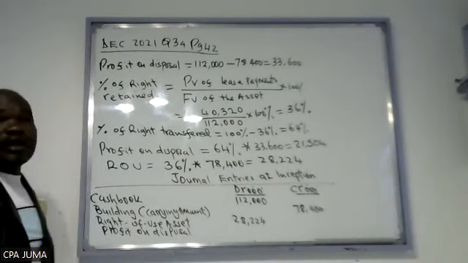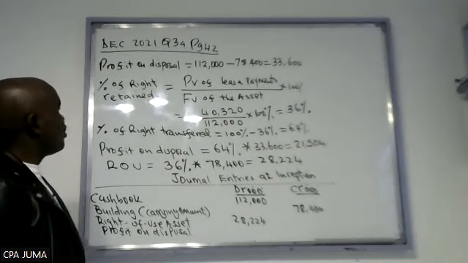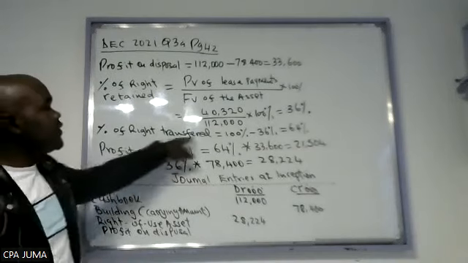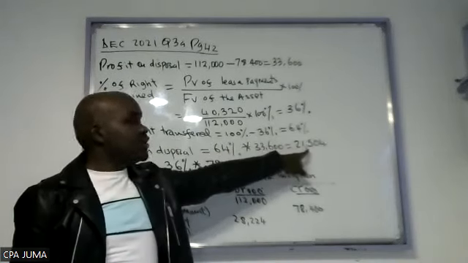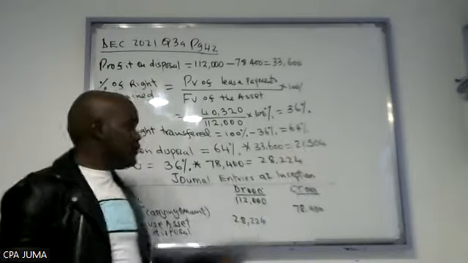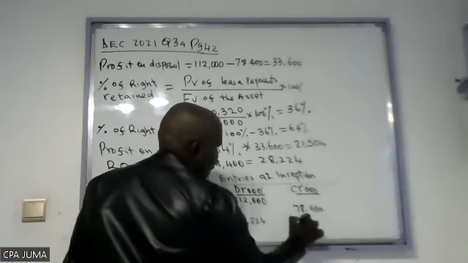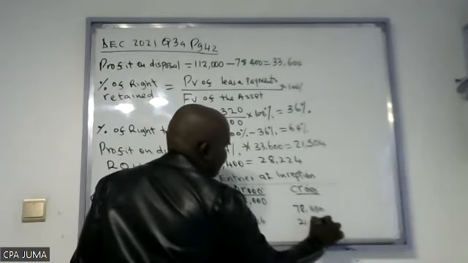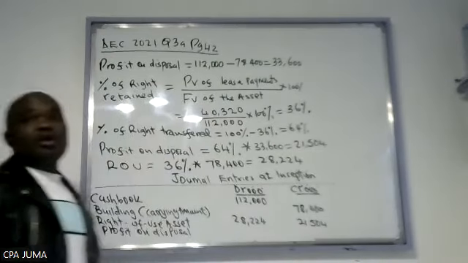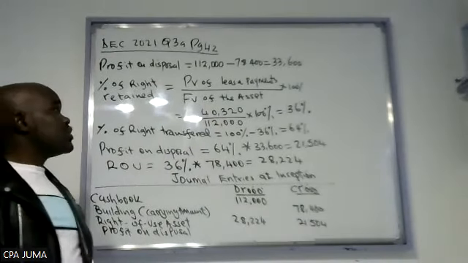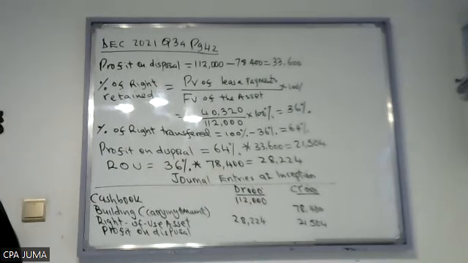Profit is a credit entry. So profit is based on the right transfer, the 64%. We got 21,504. That one you credit.